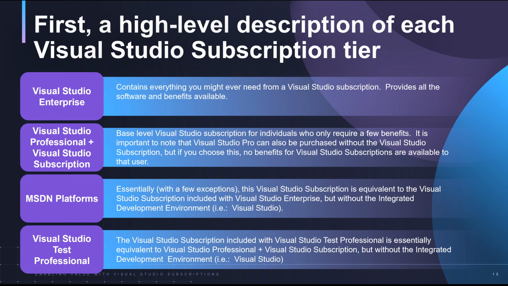Visual Studio Test Professional is equivalent to the Visual Studio subscription that you would add on to Visual Studio Professional, but it also gives you some testing tools that are included with Azure DevOps. So if you're a tester, for example, using Azure DevOps, and you want to use the test plan capability within Azure DevOps, Visual Studio Test Professional is a license that can help you with that.